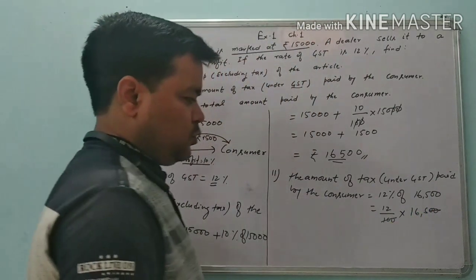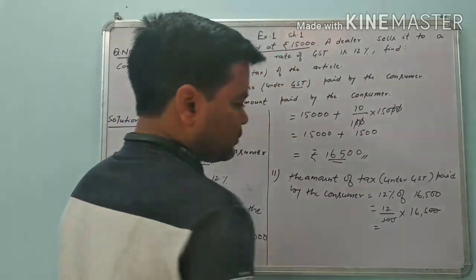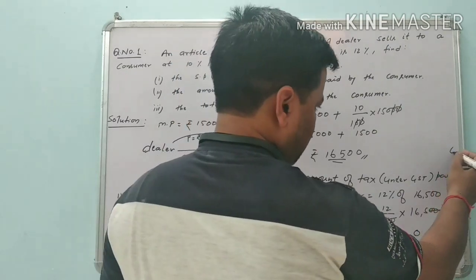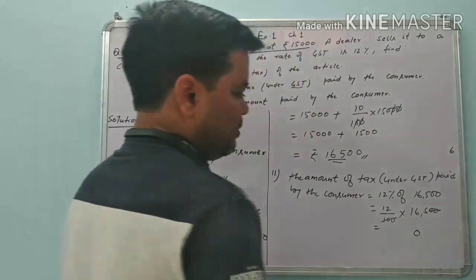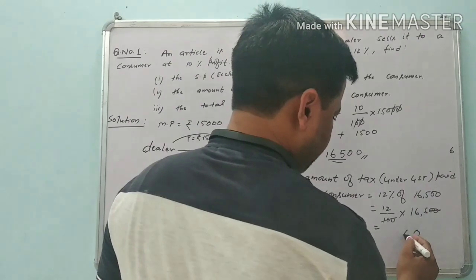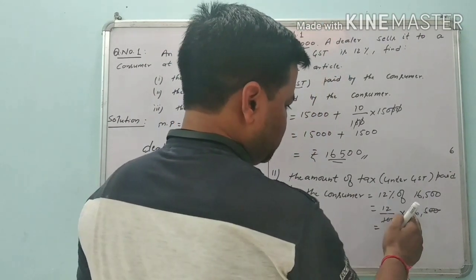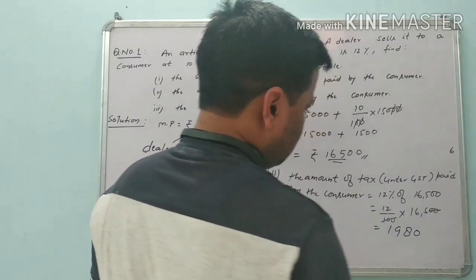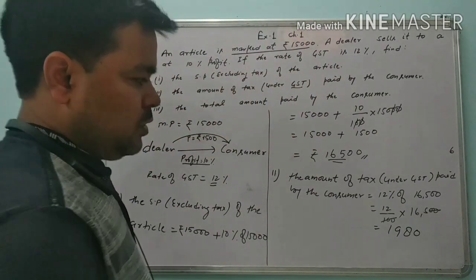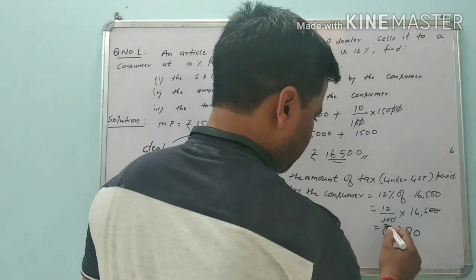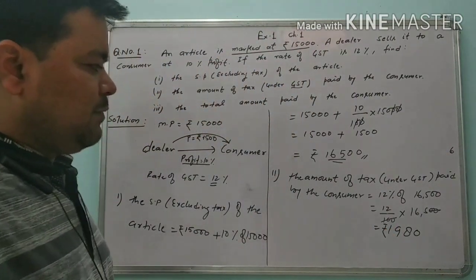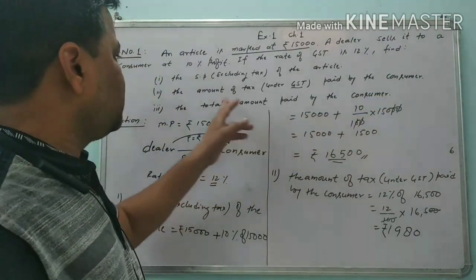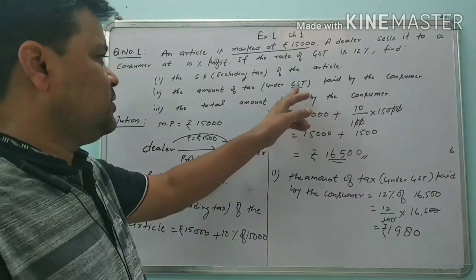Here the double zeros cancel, and now 12 fives are 60, carry 6, and 12 sixes are 72, and 6 is 78, carry 7, and 12 ones are 12, and 7 is 19. Its value will be 1,980 rupees. This is the amount of tax which the consumer will pay as GST.